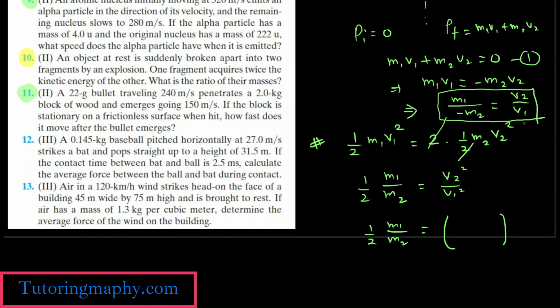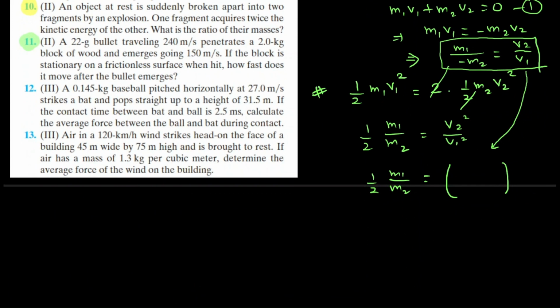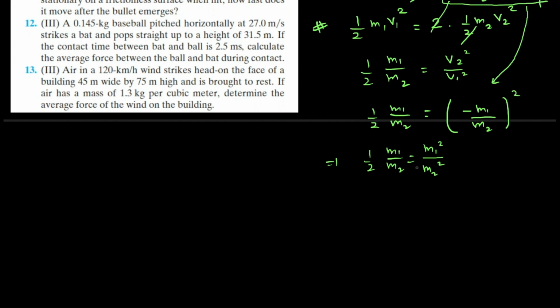And don't you think the value of v2 over v1 can be substituted over here now? That would just be m1 over negative m2, whole squared. So can I write it like this? Half of m1 over m2 is m1 squared over m2 squared.